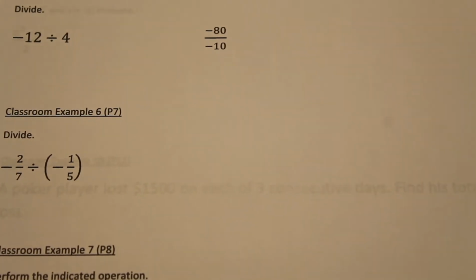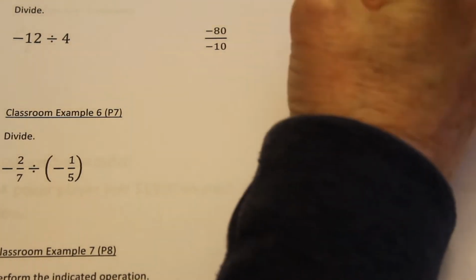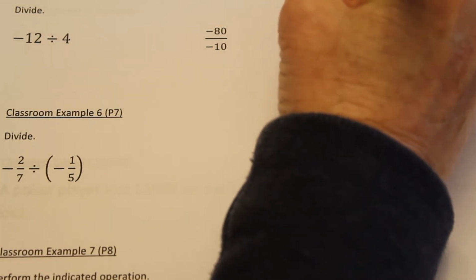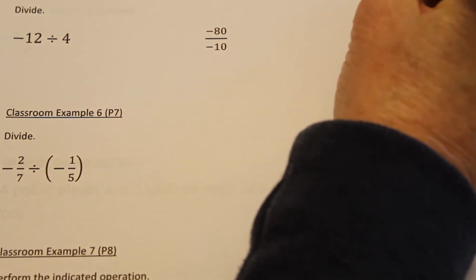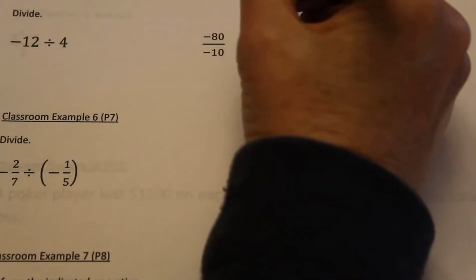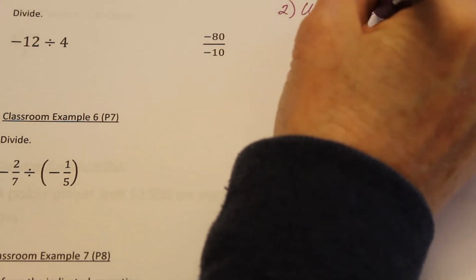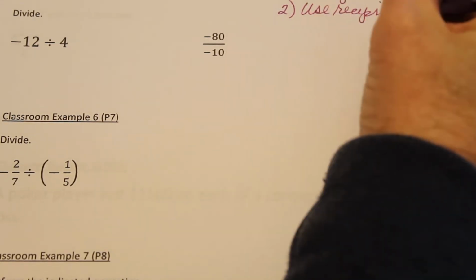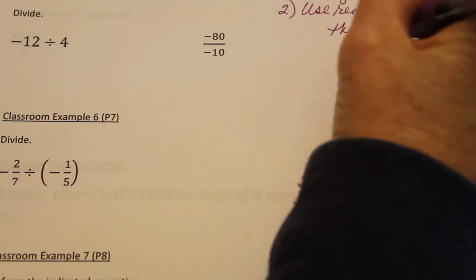Now the reason reciprocal is important is because it's a two-step process when you divide. Number 1, change division to multiplication. And then step 2, use the reciprocal of the second term.